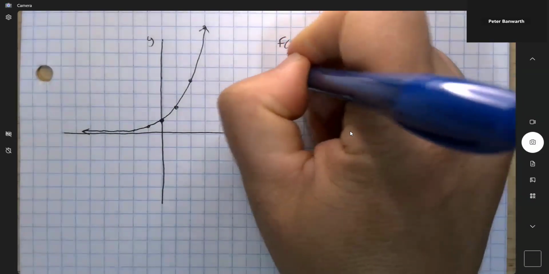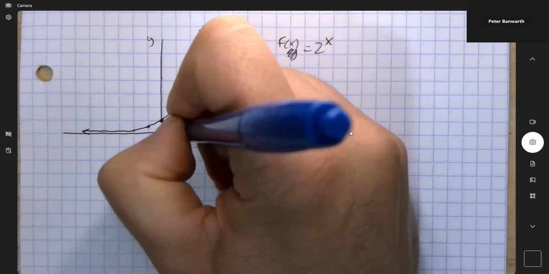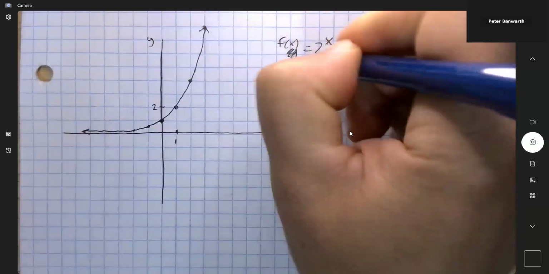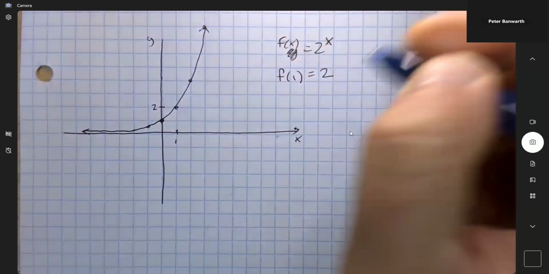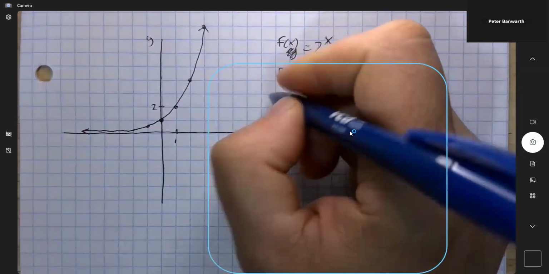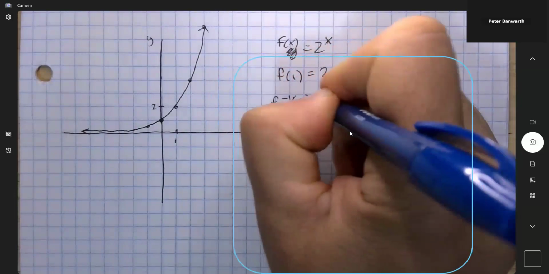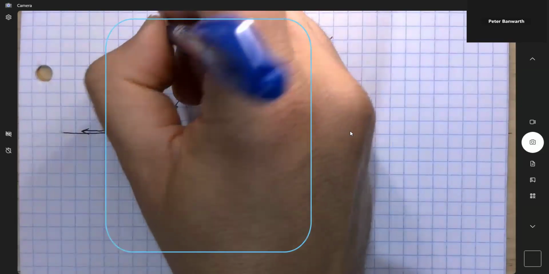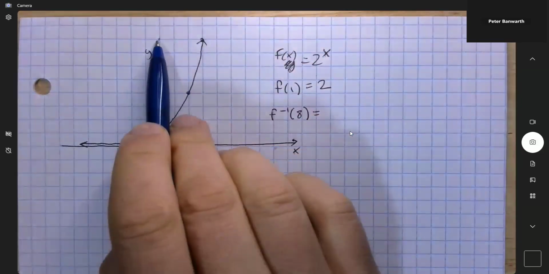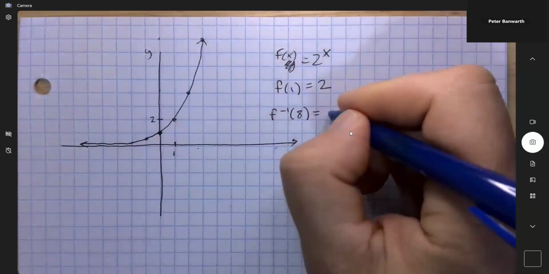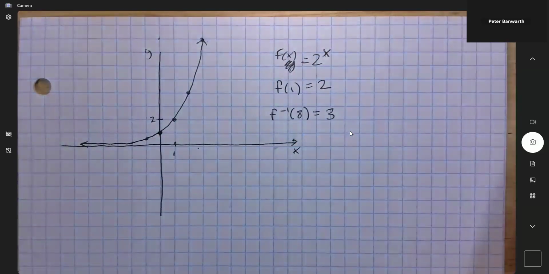So I could say, what's f of 1? That's 2. And in our inverse functions, we can use the same graph for f inverse of 8. I go up here and find the 8, way up at the top, and come back down and see that it's 3.